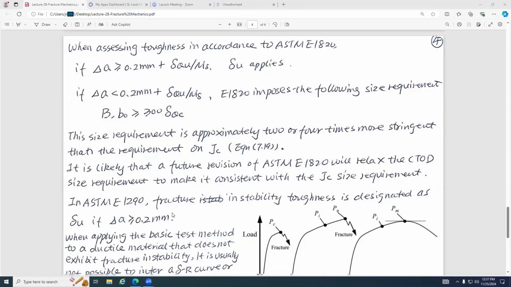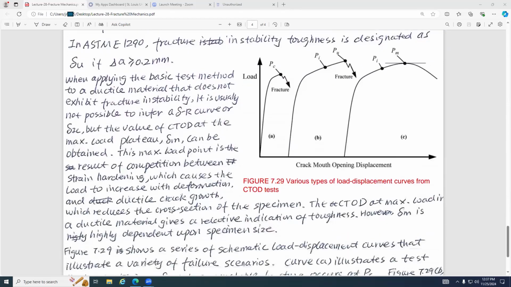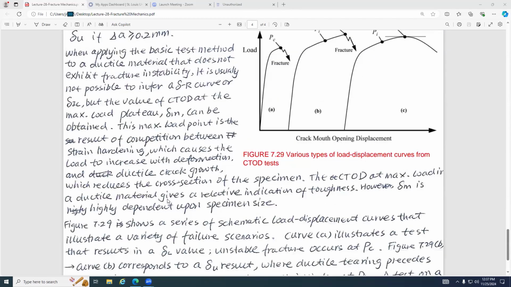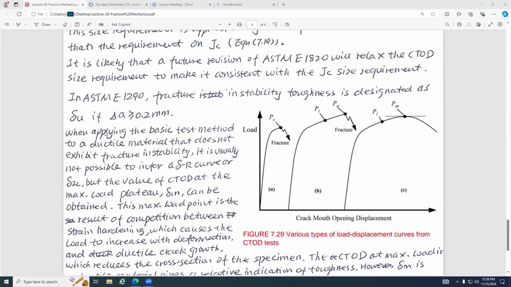So that is a different protocol, right? So when applying the basic test method to a ductile material that does not exhibit fracture instability. Fracture instability means that suddenly the crack growth is very huge and is out of control until the whole specimen fails. That's a fracture instability.